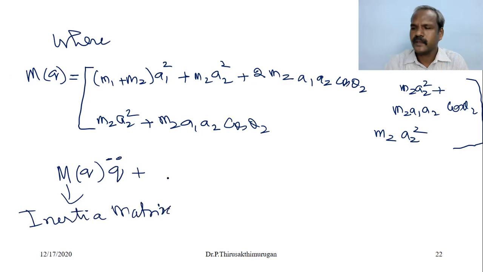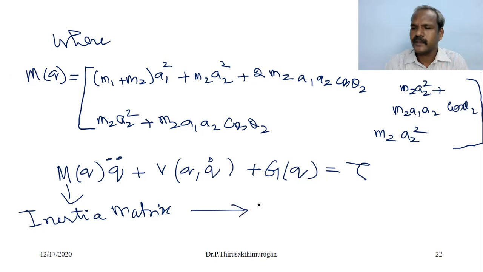This is the Coriolis vector or centripetal force V of q comma q dot, plus the gravitational vector G of q, equal to tau. So this is the standard form of the manipulator dynamic equation. Actually, M of q, the inertia matrix, is symmetric.